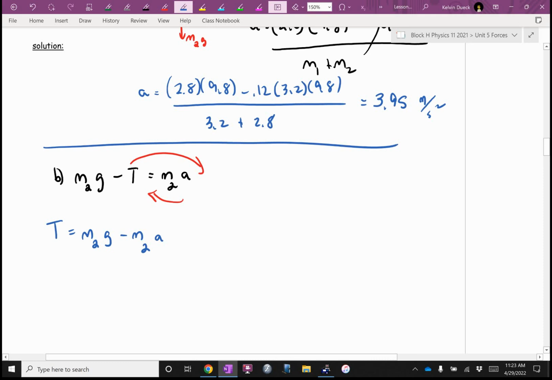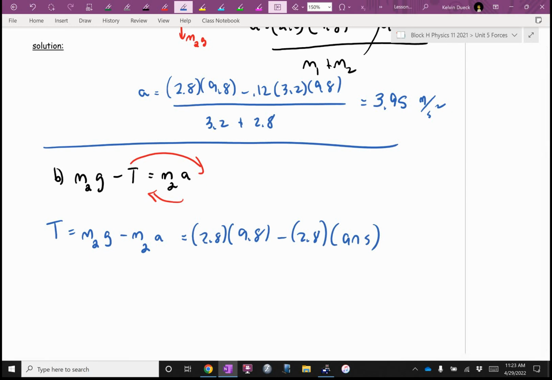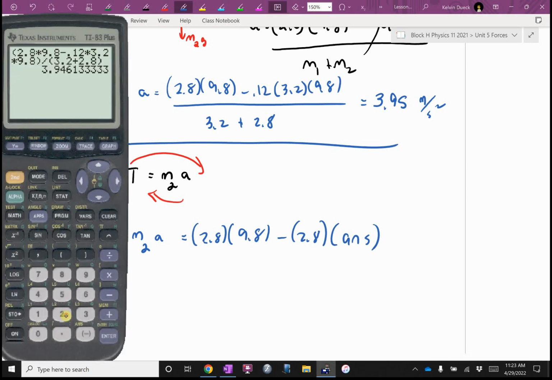I've scrolled down. What was M2? 2.8 times 9.8 minus 2.8 times, I'm going to use my answer button. In fact, I'm going to write ANS to remind myself, use my answer button. 2.8 times 9.8 minus 2.8 times answer button.